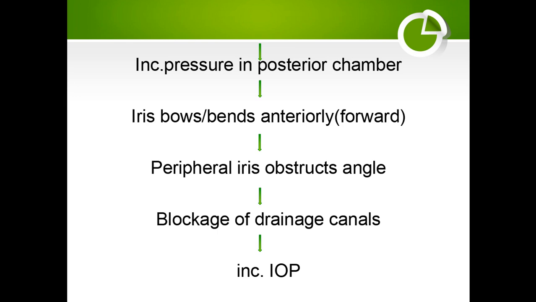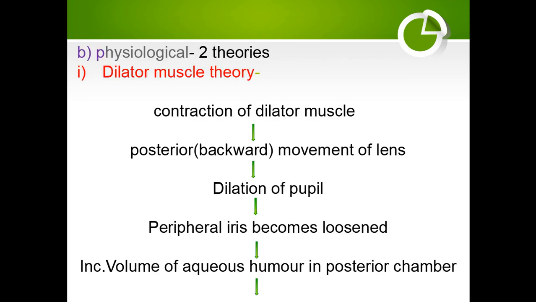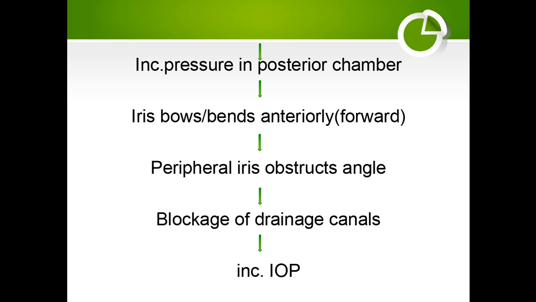And then because of the increased volume of aqueous humor, there is increased pressure in the posterior chamber. The iris bows or bends anteriorly, that is forward. Peripheral iris obstructs the angle, which leads to blockage of drainage canals, and it leads to increased intraocular pressure.